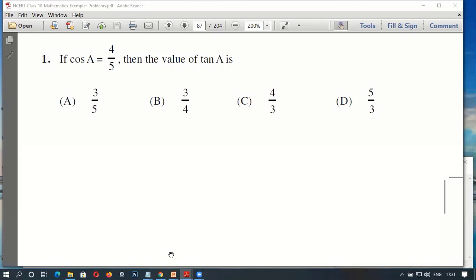Yes, we have to just think. Cos is base by hypotenuse. Hypotenuse is 5, base is 4. So definitely perpendicular is 3. Tan is perpendicular by base, so 3/4. Correct, 3/4 is correct.